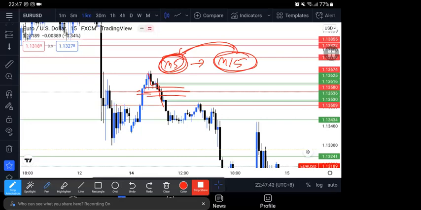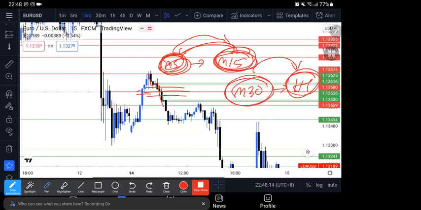So after the time has passed, we gonna look into a bigger time frame. We gonna look into M30. Is it M30 break the H1? It's just the same thing. We entry it here, we wait for this one to break. So if we entry it here, we just wait for this one to be broken.